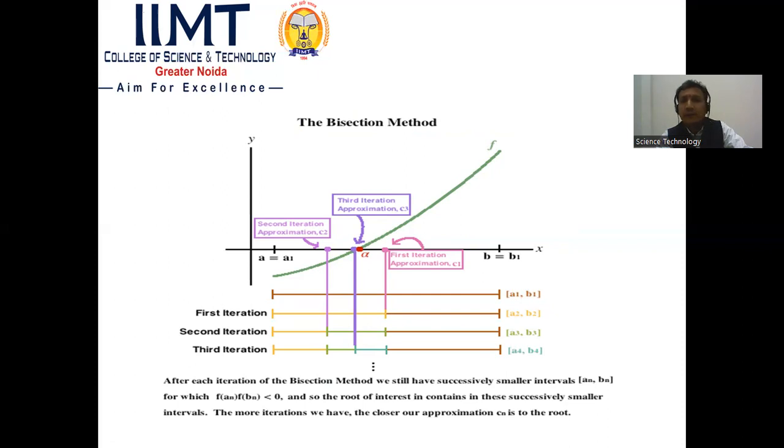When we apply more approximations, that is first iteration, second iteration and third iteration, we will notice the interval becomes smaller and smaller, and our approximated solution becomes closer to the exact root.